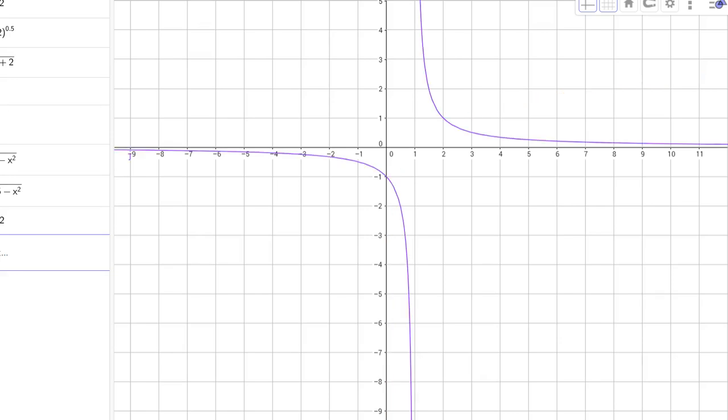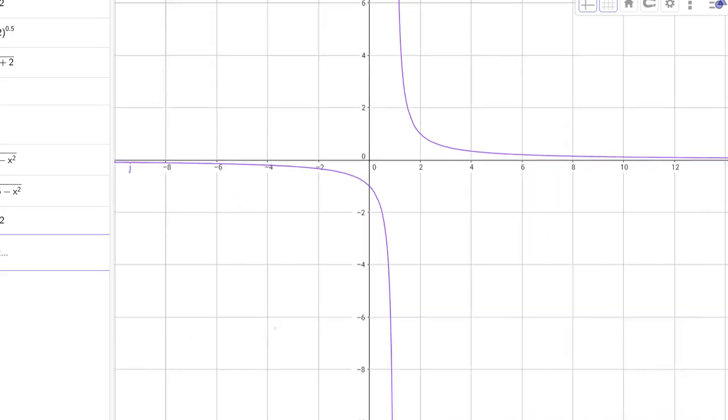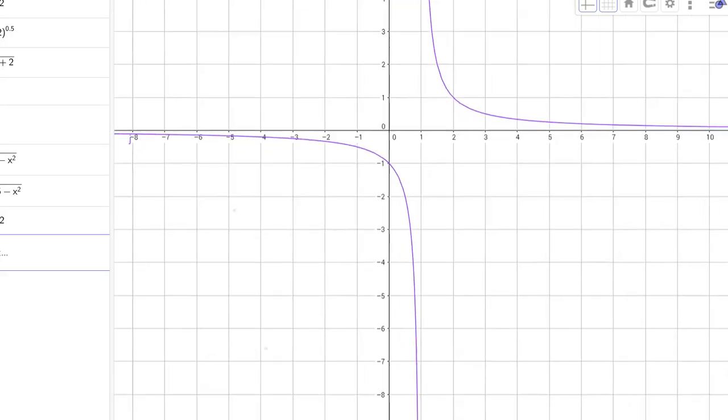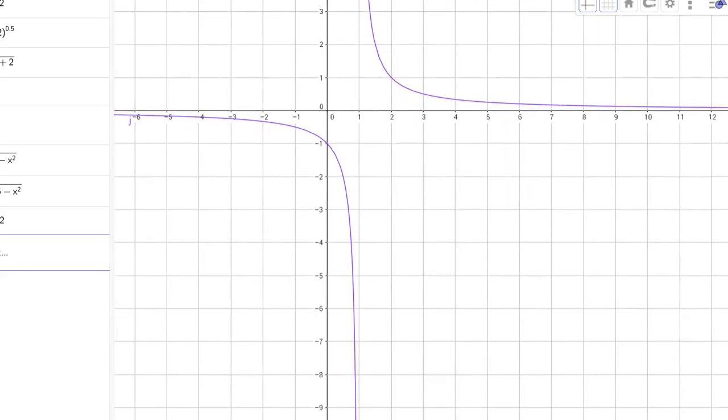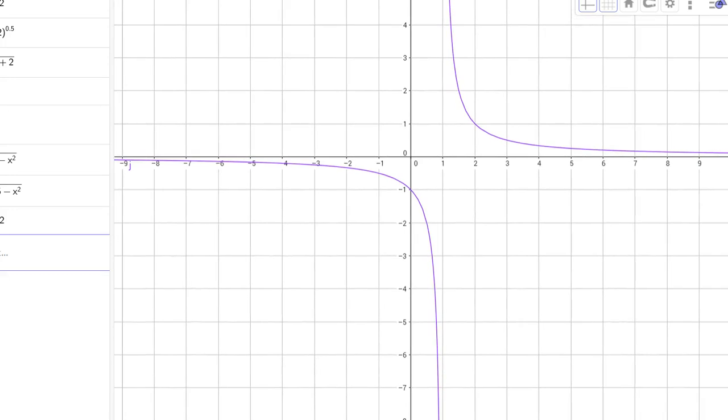This is also a function. The domain here is all the values of x except when x is equal to 1. As you can see here, there is no value when x is equal to 1. You cannot find a value for x equal to 1, so it is not part of the domain.